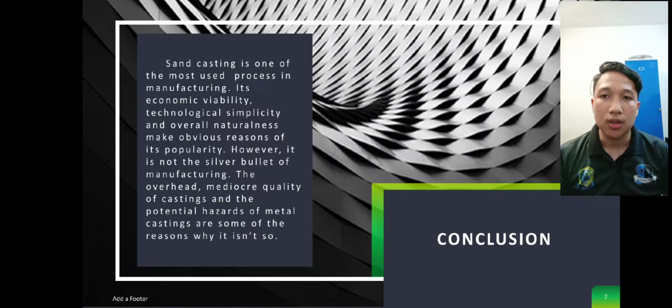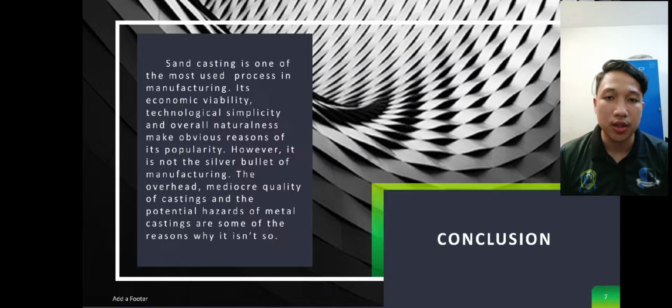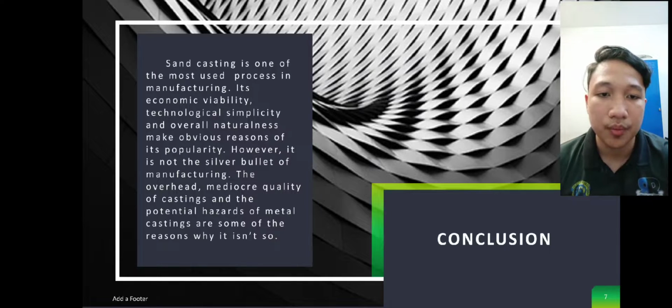However, it is not the silver bullet of manufacturing. The overhead, mediocre quality of casting, and the potential hazard of metal casting are some of the reasons why it isn't so in our product. That's all from me.